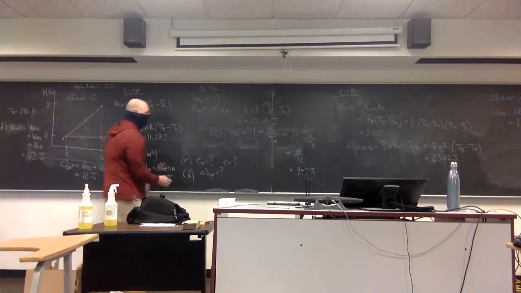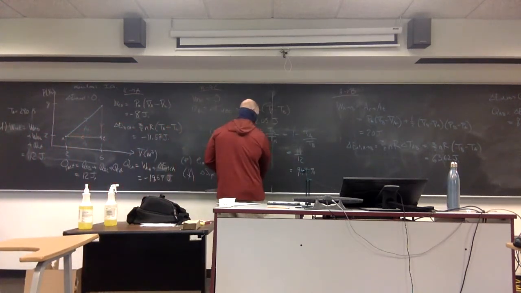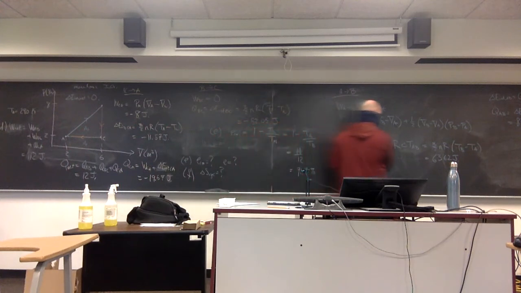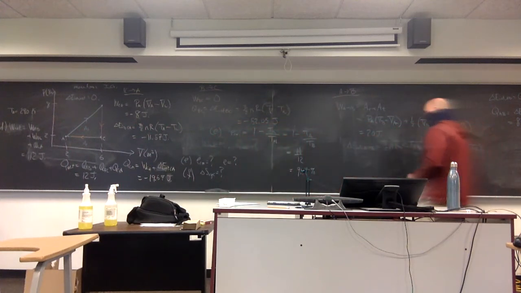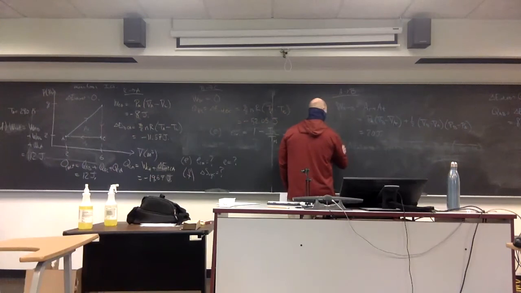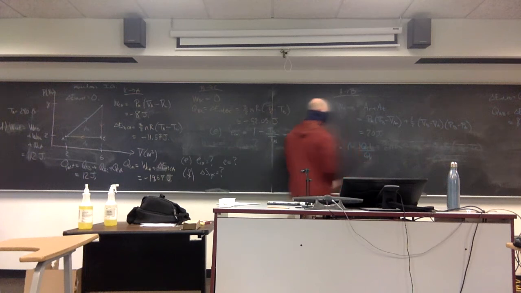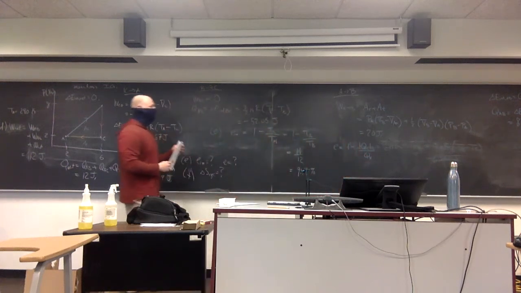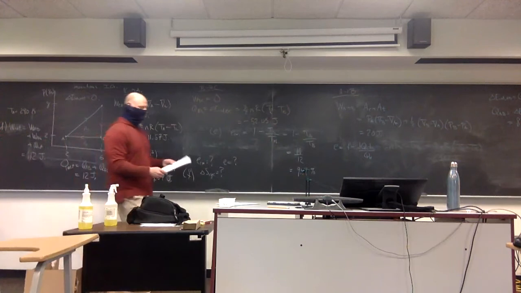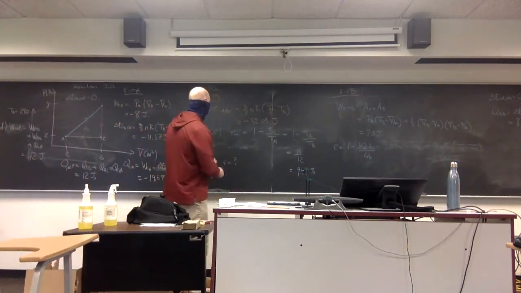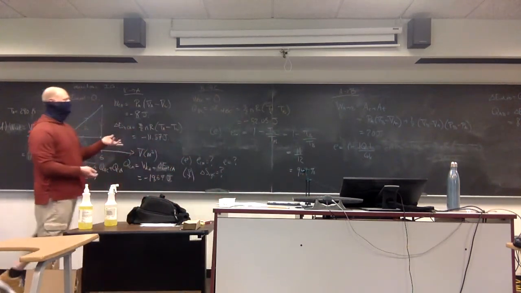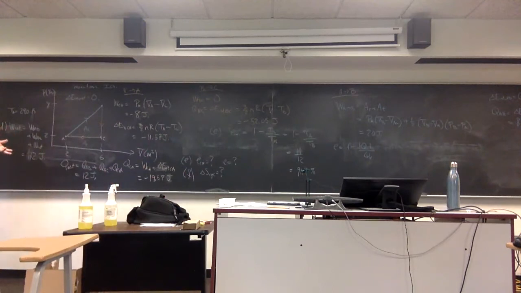Well, what's the real efficiency? The real efficiency is equal to 1 minus the absolute value of Q cold divided by Q hot. So basically, all I have to do is go through and look at all the different Qs and find the most negative one and the biggest positive one.